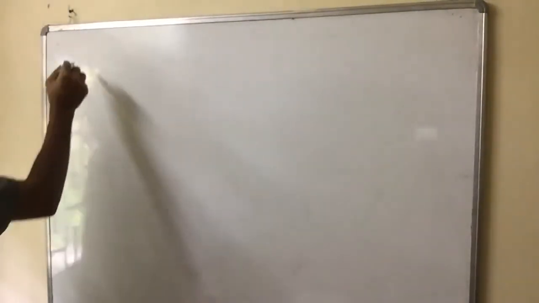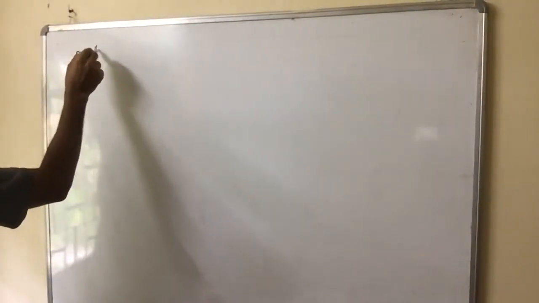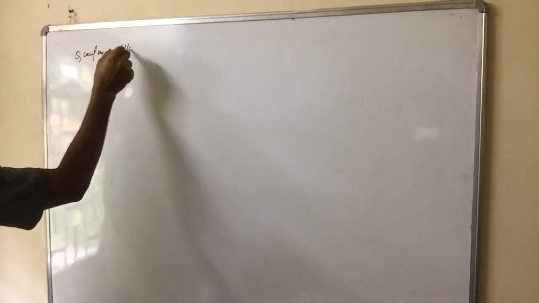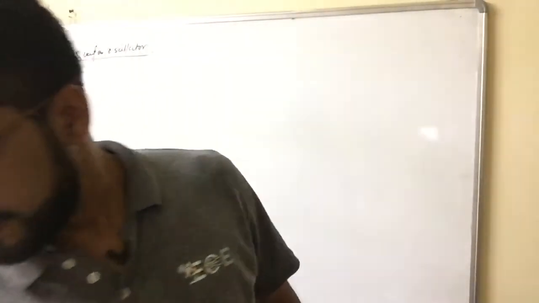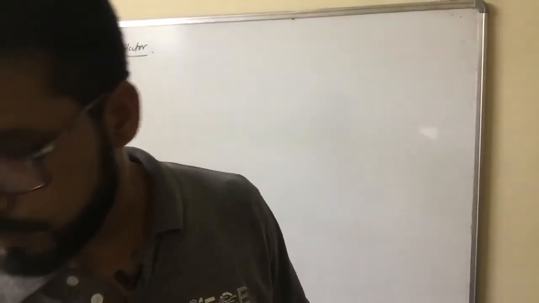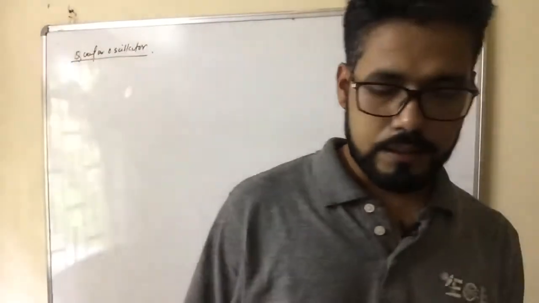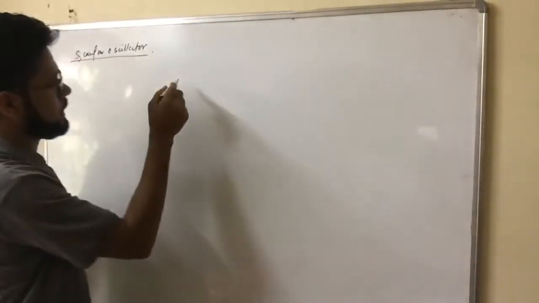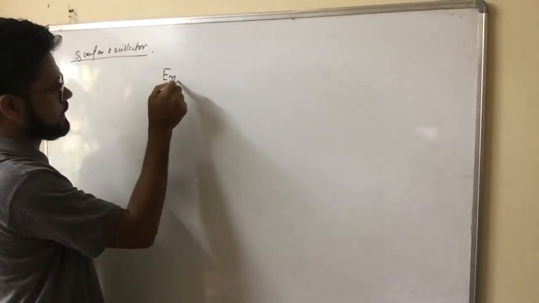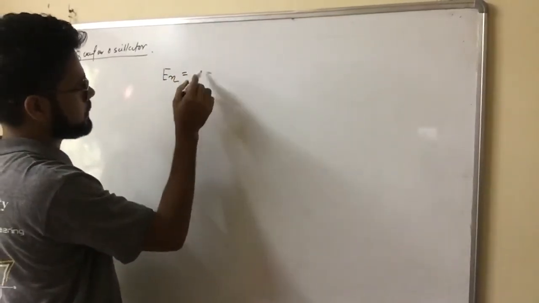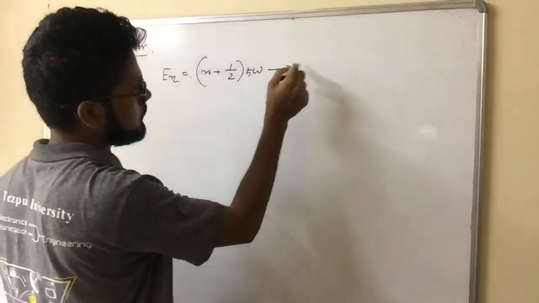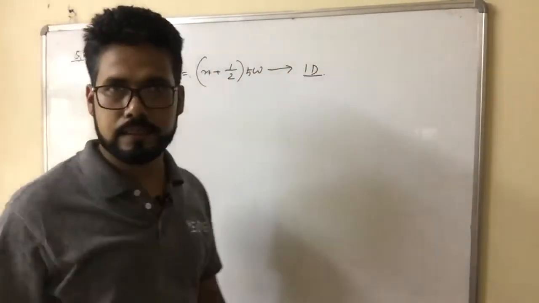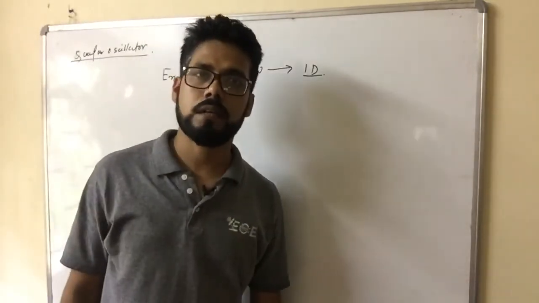Now I am going to the 3D quantum oscillator. An important point: normally we write the energy of an oscillator as En equals (n plus half) h cross omega. Remember, this is the one-dimensional energy of a harmonic oscillator.